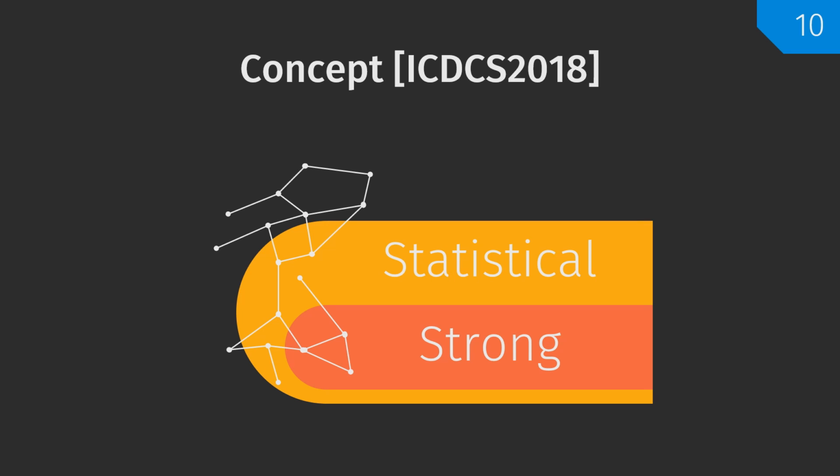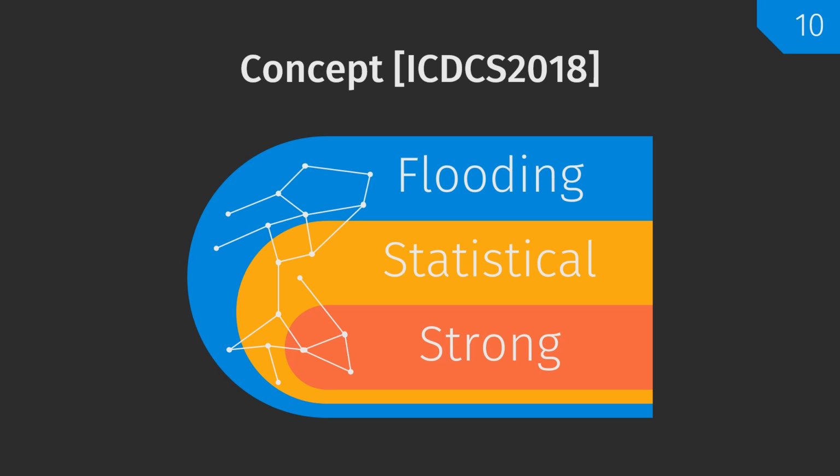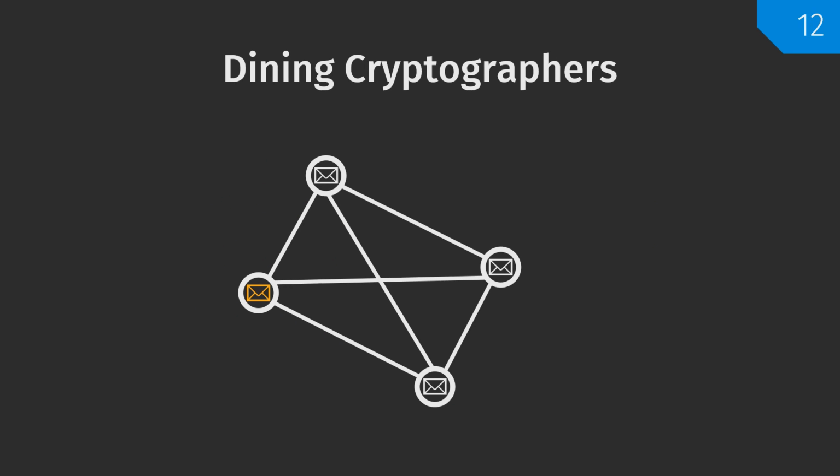Further, we apply some statistical spreading mechanisms like Dandelion or adaptive diffusion that came up in that scenario recently to gain more privacy at a lower cost or lower overhead. And finally, to reach everyone in the network, which is still an important requirement, we will use some flooding to finally fill up all the gaps.